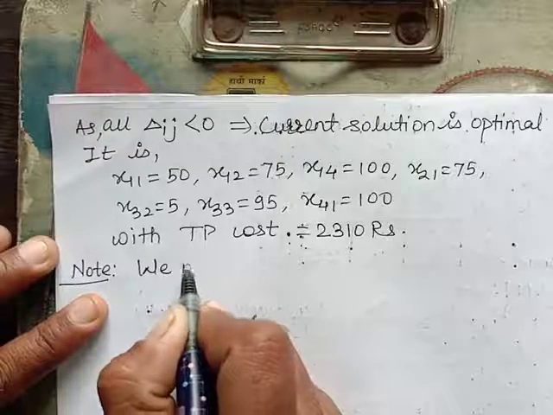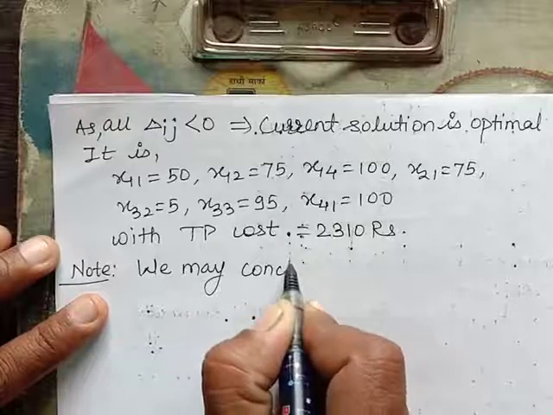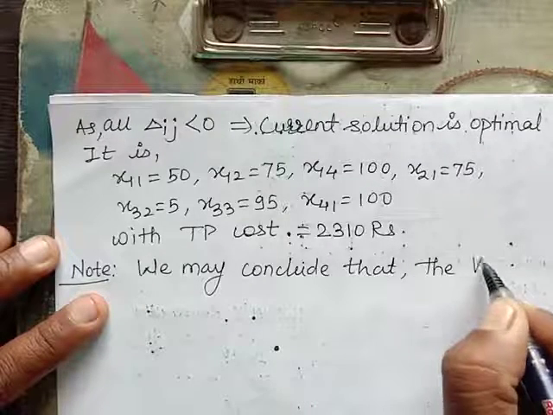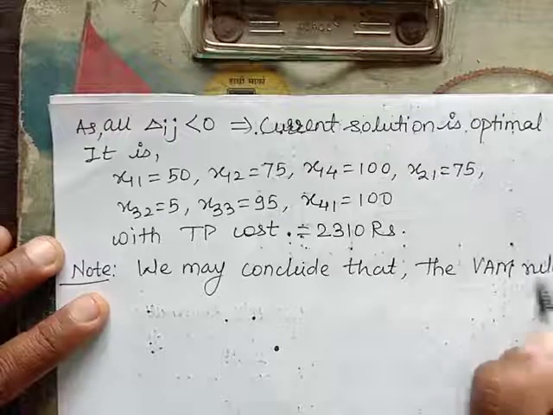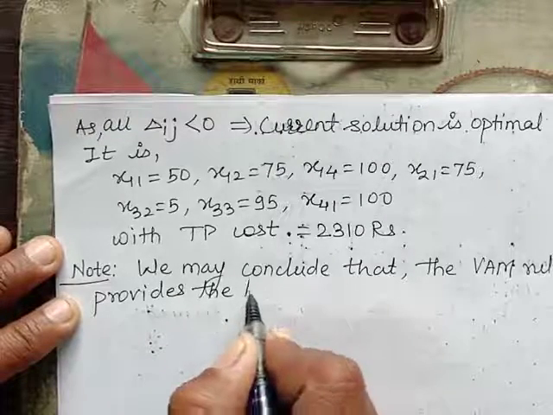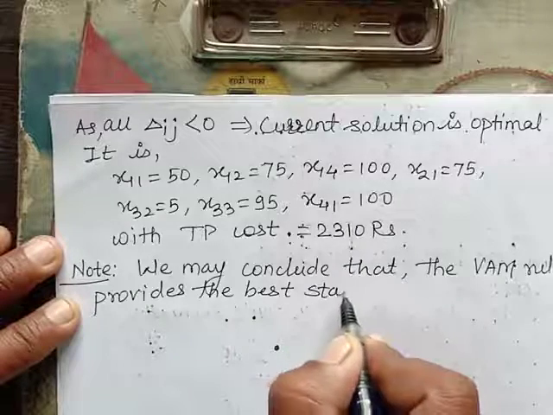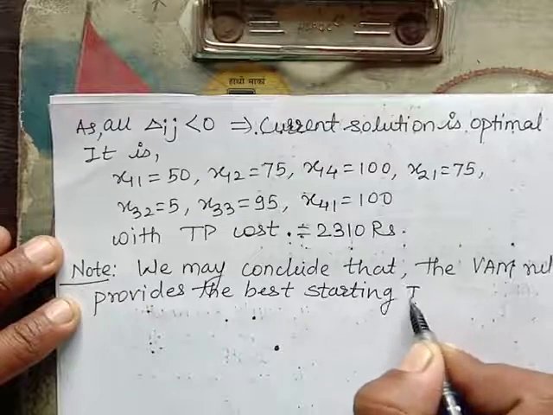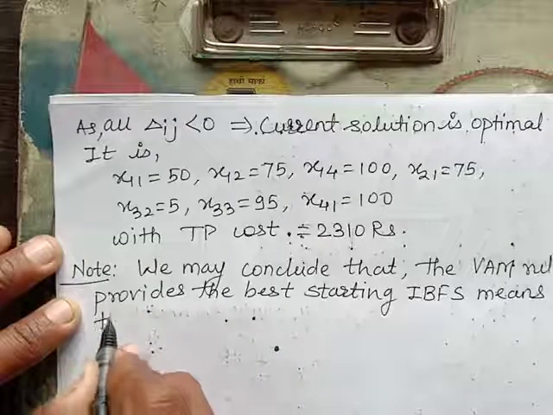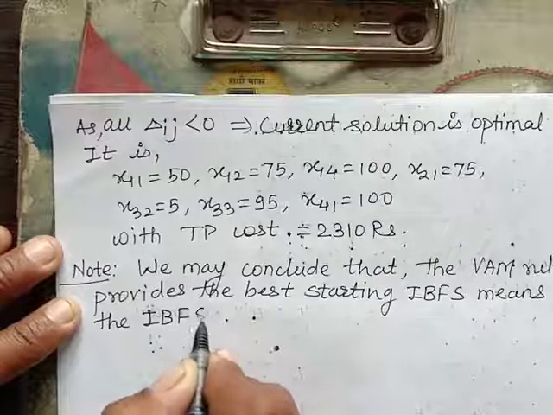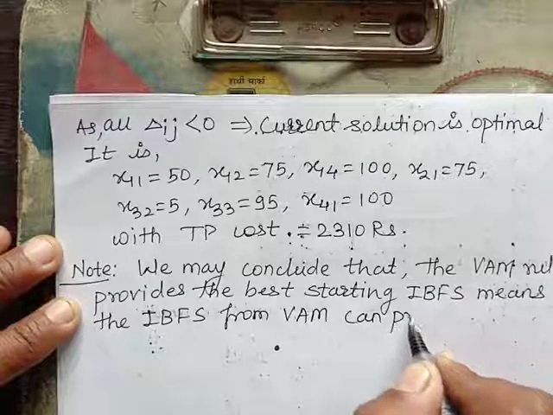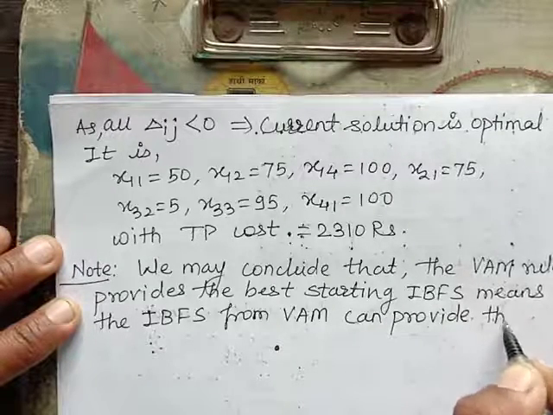Okay, so now here we will write one note. We may conclude that the VAM rule provides the best starting initial basic feasible solution, meaning the initial basic feasible solution from VAM can provide the direct optimal solution.